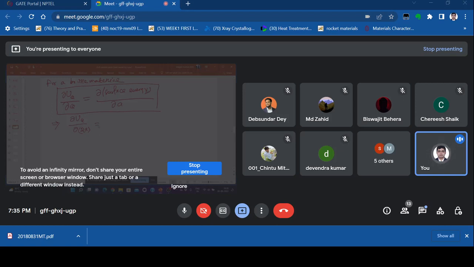We are calculating on the basis of the 2 times a. So just differentiate these two. Here we can remove this b because we are considering unit thickness.